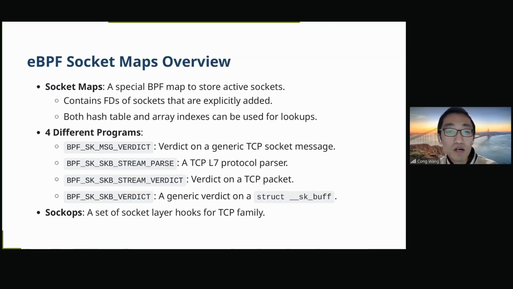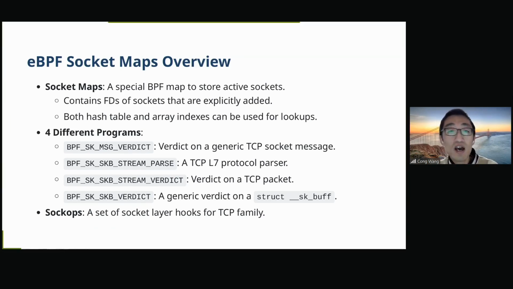eBPF socket map. Before we start, I make an assumption here, which is I assume you are already familiar with, or at least know something about, eBPF, and of course I also assume you already know at least a little bit about eBPF maps. Because an eBPF socket map is just a special eBPF map to store the active sockets, and within the eBPF socket maps it contains a set of socket file descriptors.